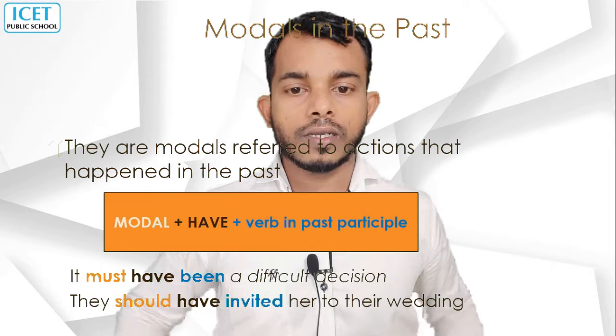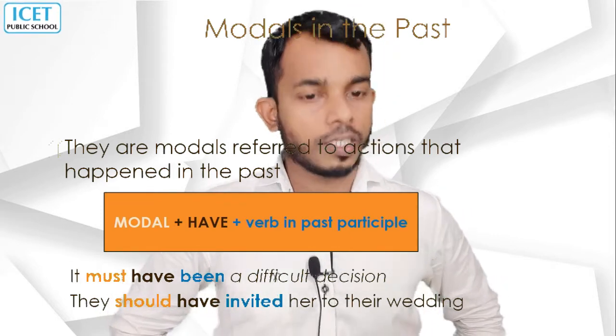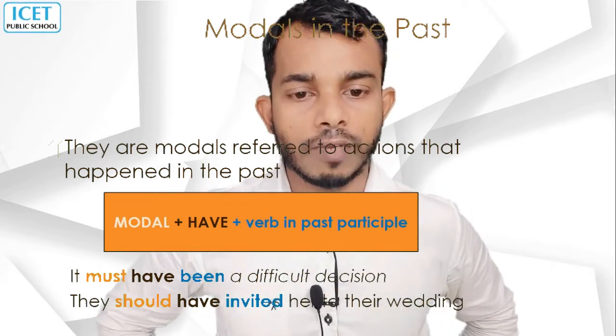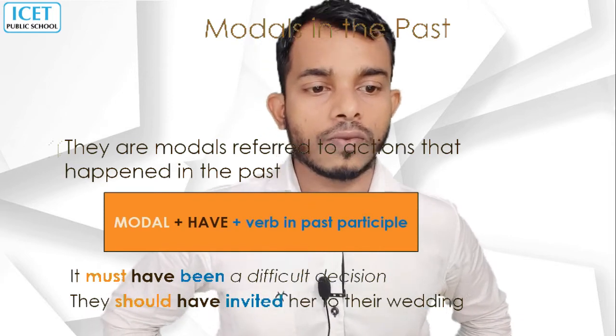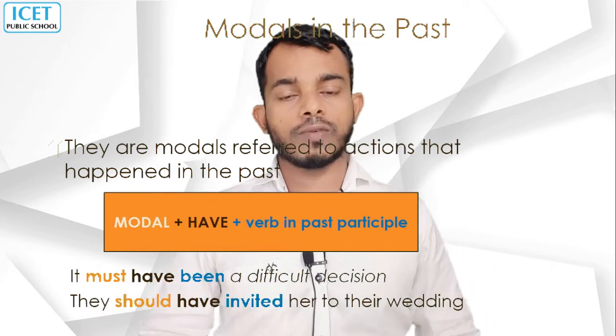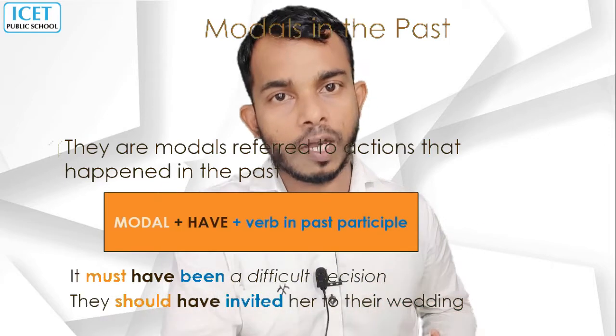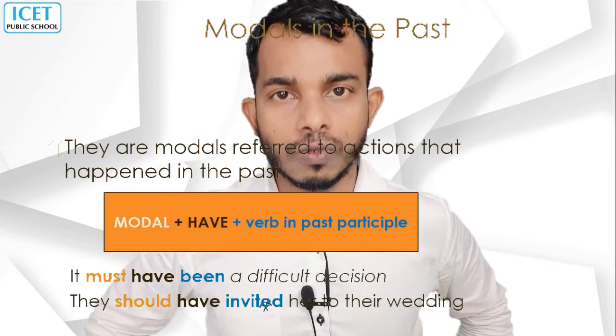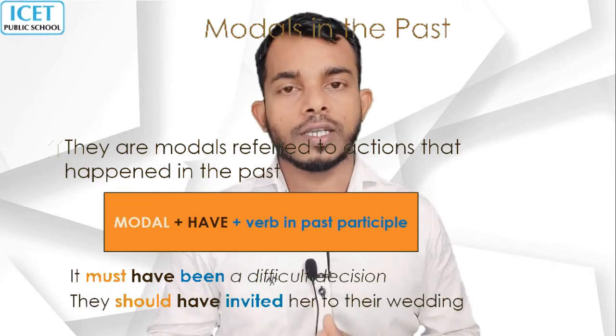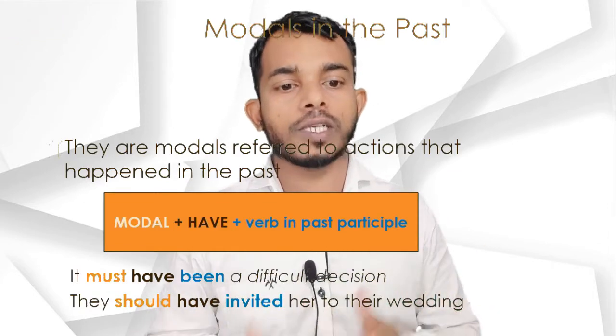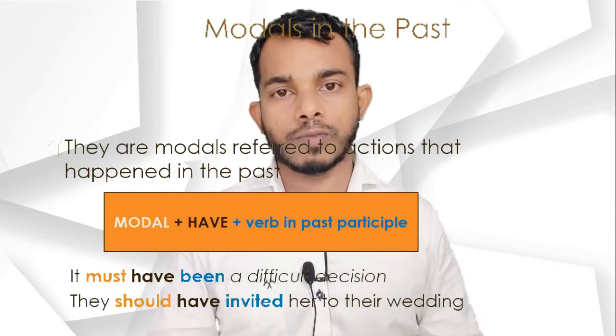Then we talked about modals in the past. We did not complete that. Modals refer to actions that happened in the past. To refer to a past action, we use modal plus have plus the past participle form of the verb.